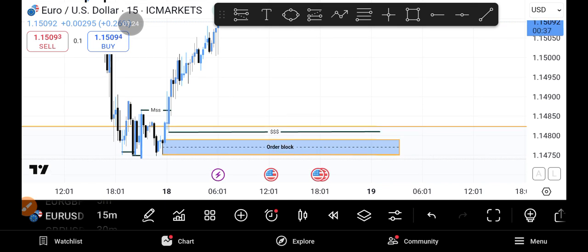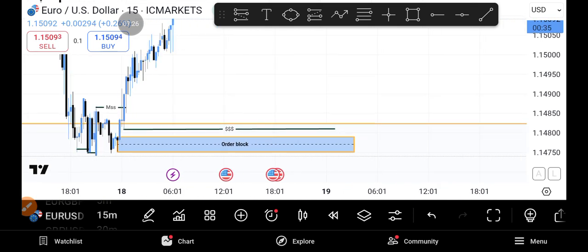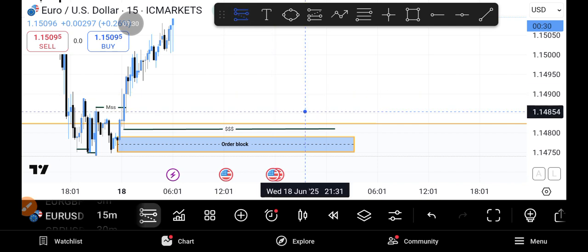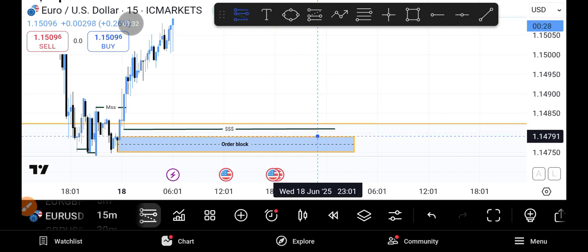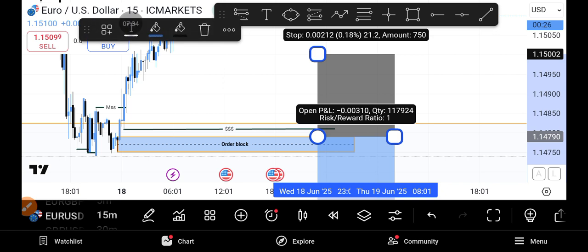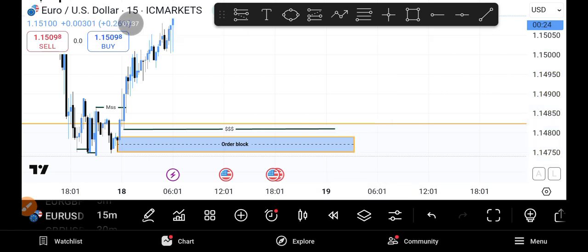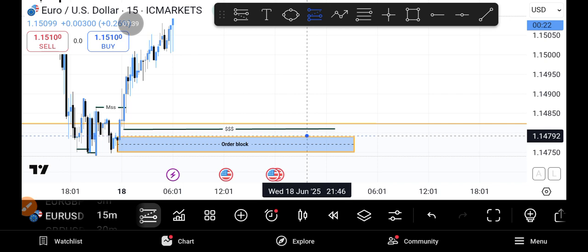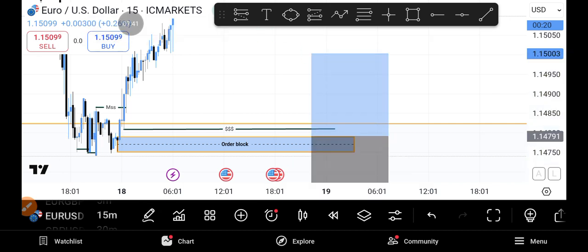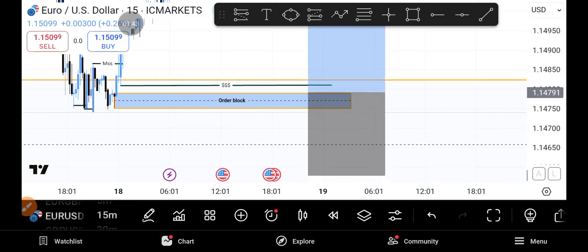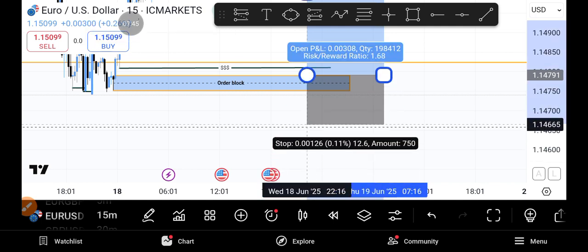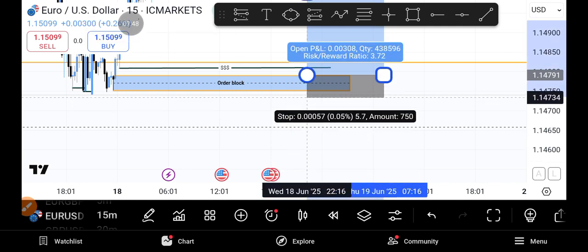So guys, we're expecting price to buy from this zone. Our stop loss will be a little bit below, like this.